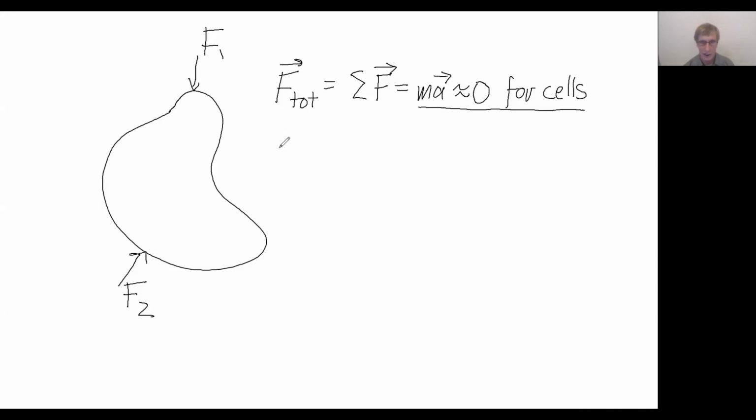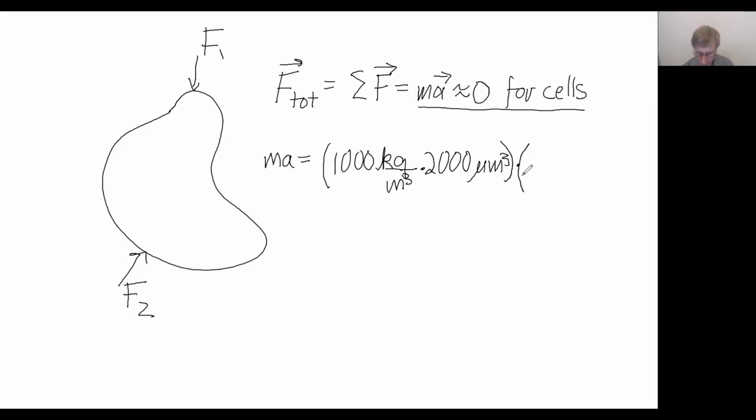Let's calculate this for a rapidly accelerating cell. So MA, first of all, the mass is the density, which is about the density of water, times the volume, which would vary a lot, but maybe 2,000 cubic microns. And then the acceleration: a rapidly moving cell moves at about 1/10 of a micron per second, and it might take 10 seconds to change its direction.